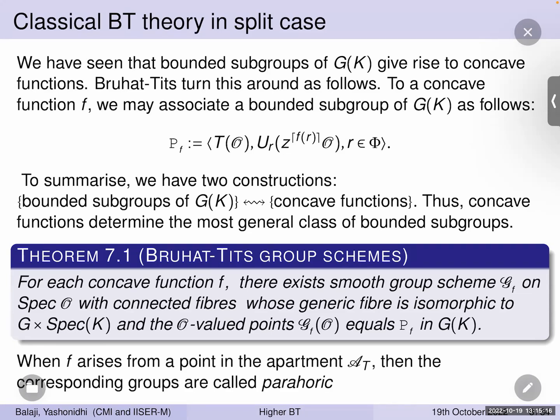When f arises from a point in the apartment A_T, then the corresponding groups are called parahoric. That is of type 1 in our terminology. Here I'm just trying to habituate you to our terminology of type 1 and type 2.